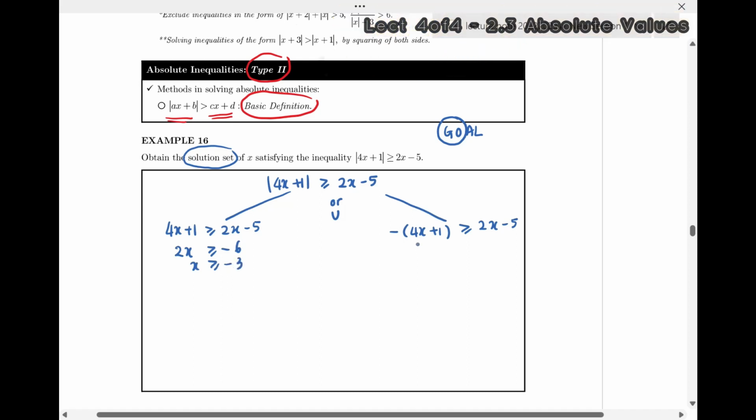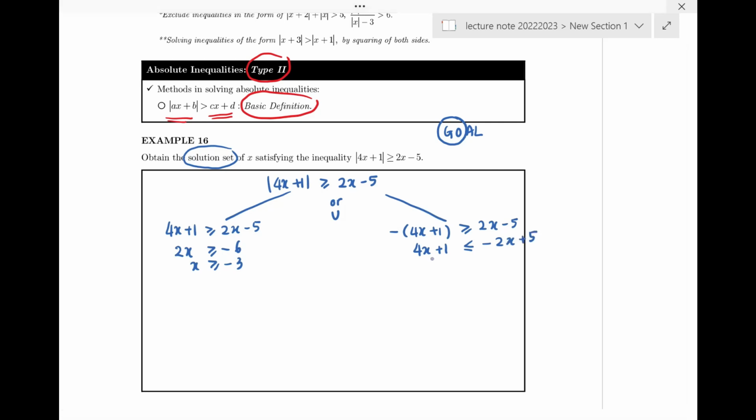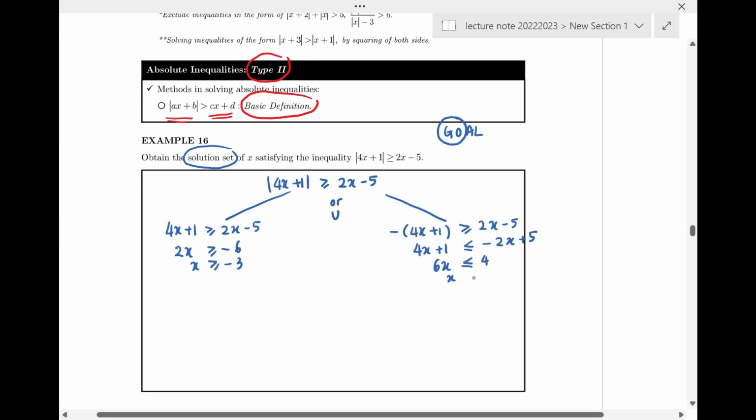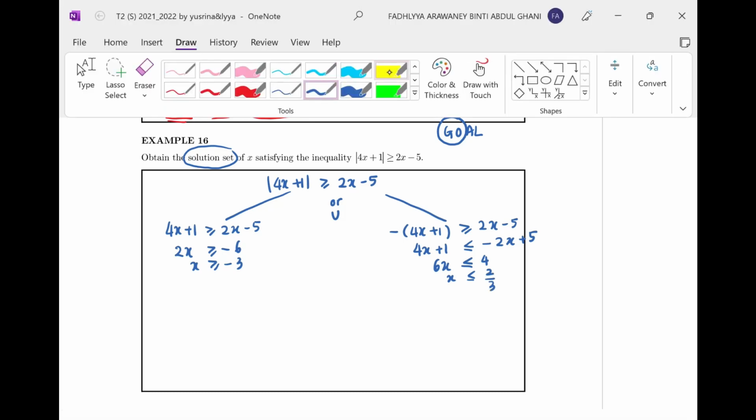For the next one, I multiply both sides by negative first, so of course the symbol will change. We have negative 2x and then positive 5. Rearrange it, we will have 6x less than or equal to 4, x less than or equal to 2 over 3. Then as usual, highlight the last one.